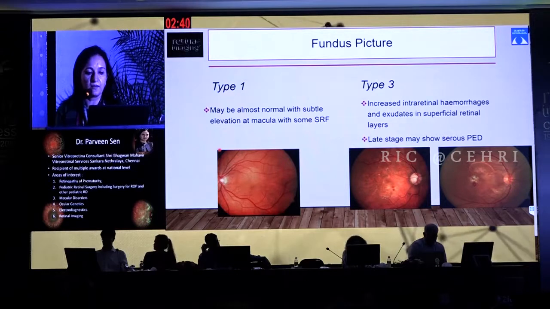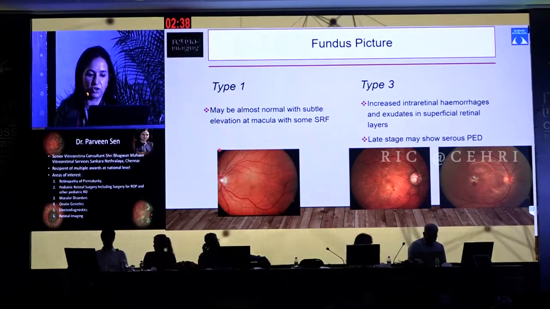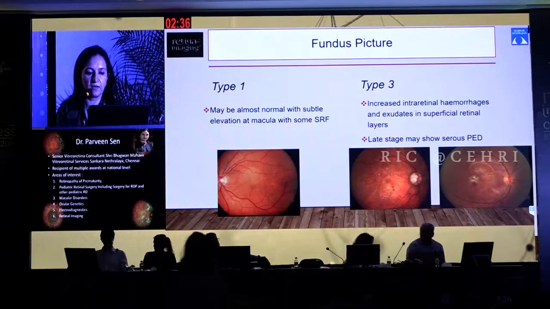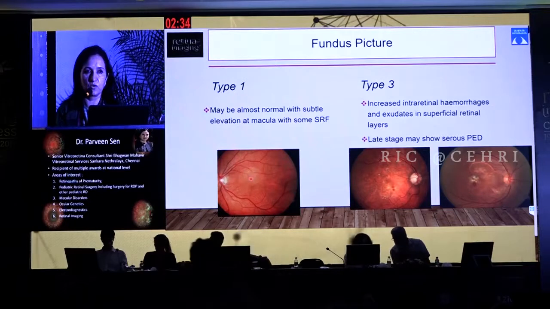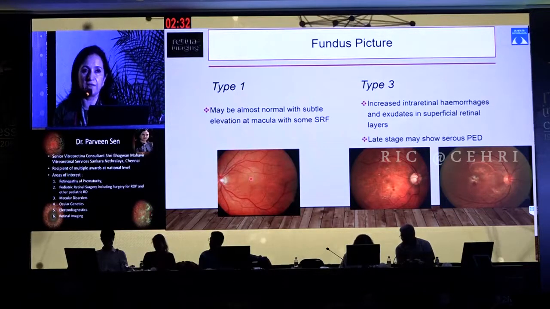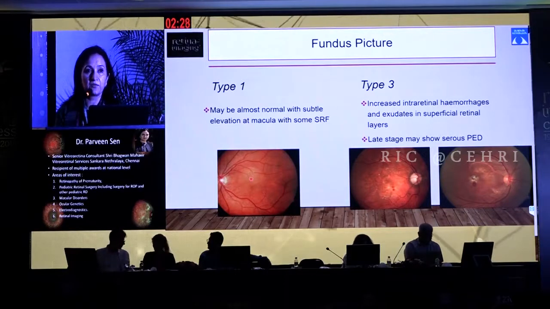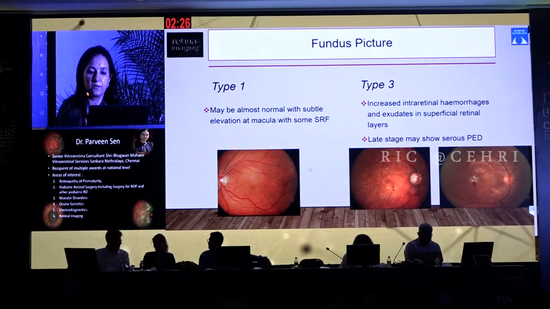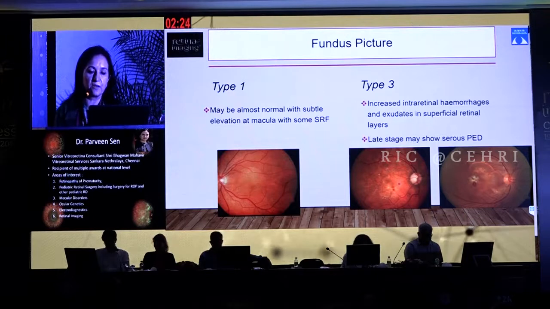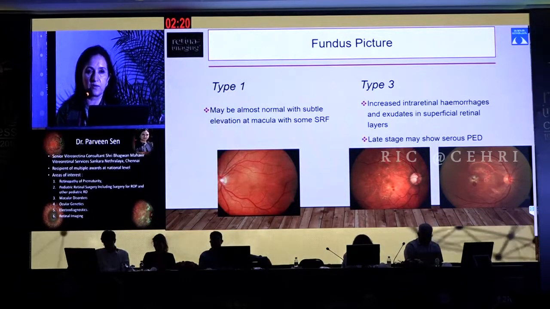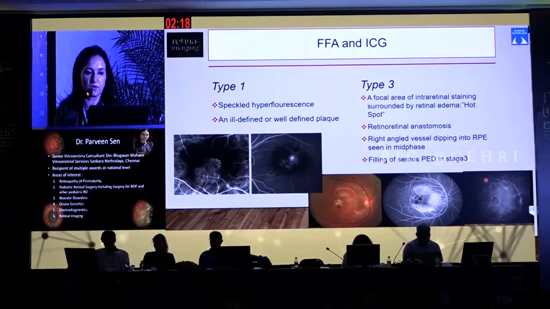In type 1, on fundus examination, it may appear almost near normal to begin with, other than a subtle elevation at the fovea or in the macular area, which you may see. In type 3, the patient may present with intraretinal hemorrhages in the early stage, and in the late stages, you may have this large pigment epithelial serous detachment.